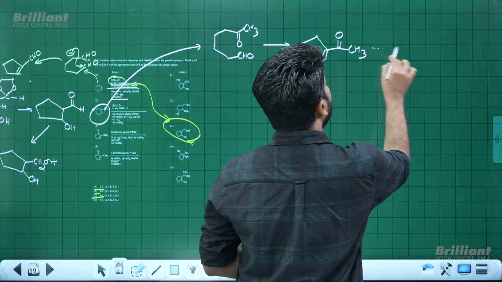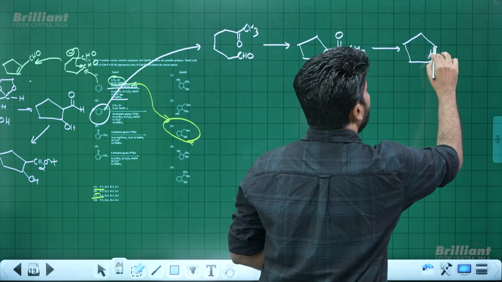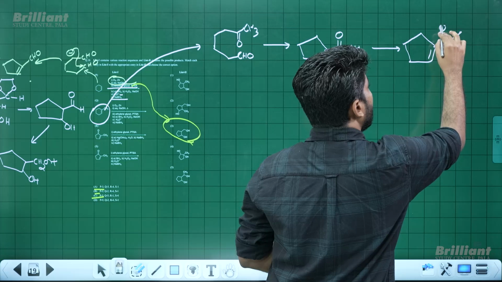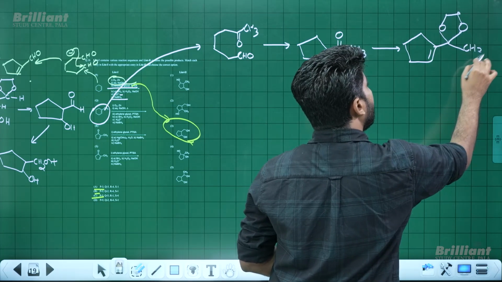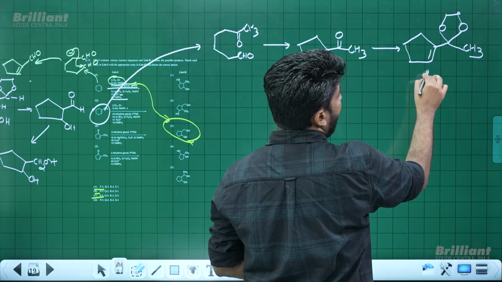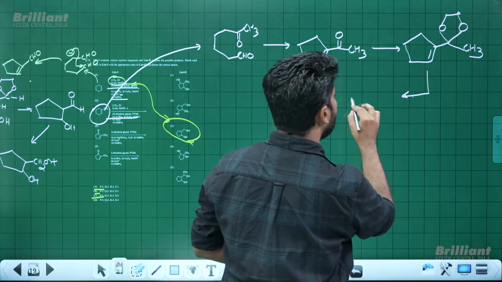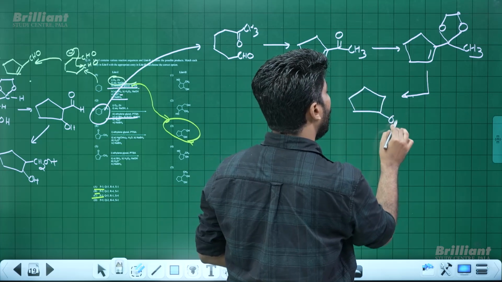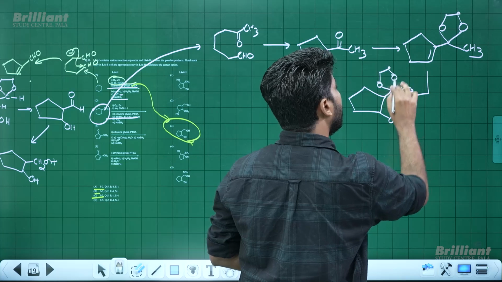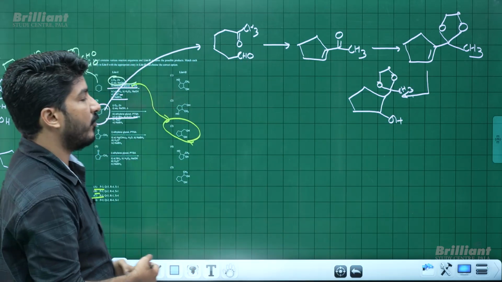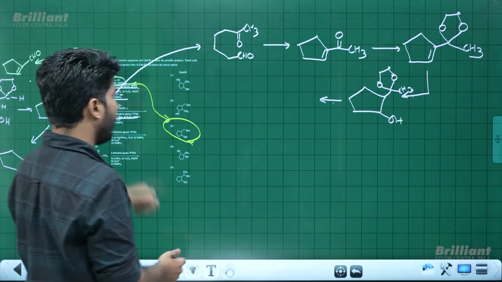After that, ethylene glycol is applied for protection of the ketone group. So that will give us that particular cyclic acetal, and then we are doing hydroboration oxidation, which will give the antimarkovnikov alcohol. The acetal is not affected, followed by hydrolysis.